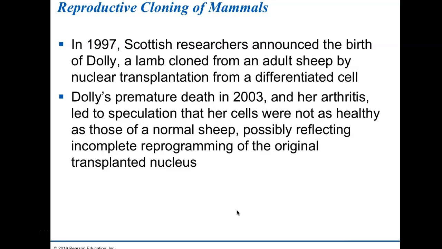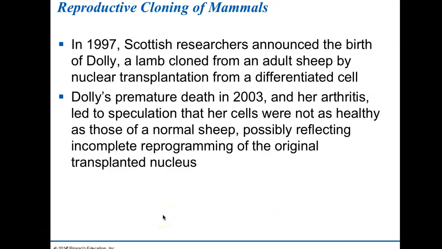The problem is that she had a premature death. She had arthritis. I know she had a lot of lung issues, and it was just noted that she wasn't as healthy as a normal sheep. What happens is the donor nucleus needs to be reprogrammed or deprogrammed almost completely, because there are epigenetic changes that can lead to health problems in the clone.